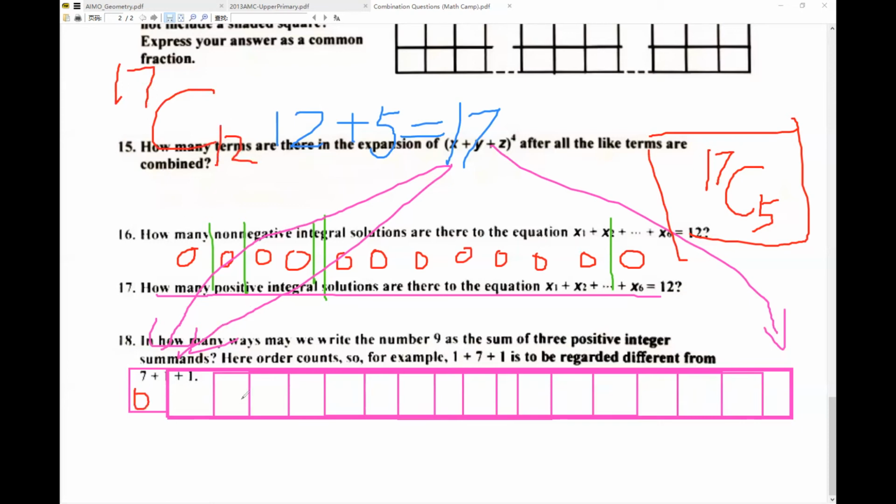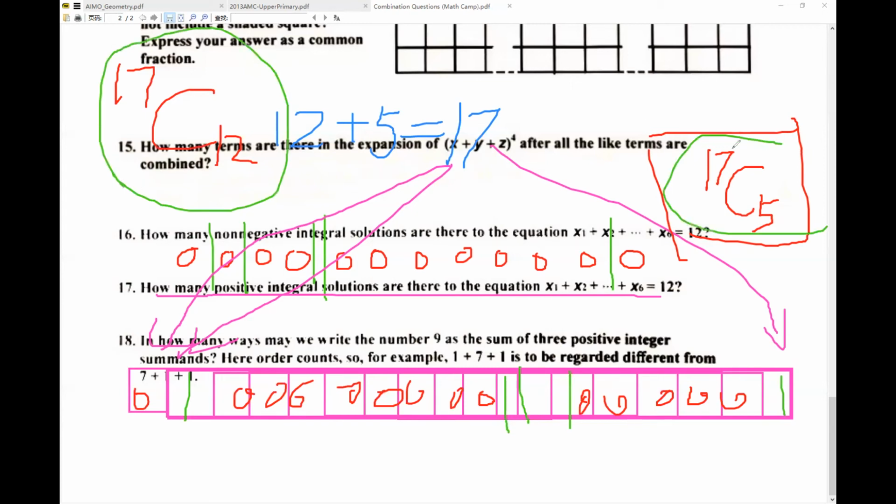We put the circles first, doesn't matter, 12 of them. If I put 12 of them, the rest 5 positions we can put in the bars, the same, only one possibility. So it doesn't matter whether this one or this one. They are equal. Do you know that?